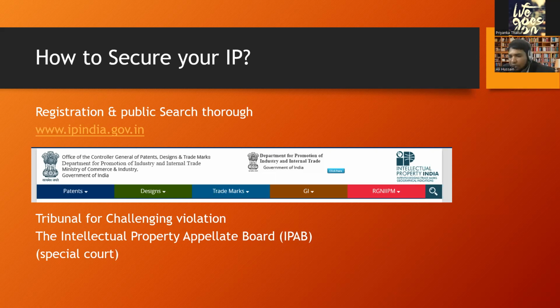If your dispute is still not resolved, you can move it to the High Court and then the Supreme Court. Unfortunately, in India we don't have an arbitration process in IP laws, whereas in other countries we still have one. Maybe in future we can see an arbitration process in IP laws which can help both parties get the advantage of arbitration.